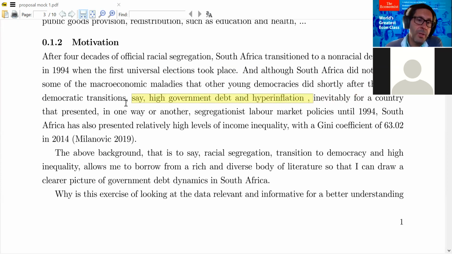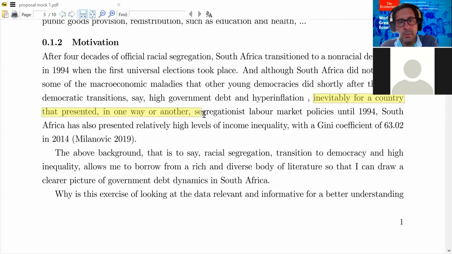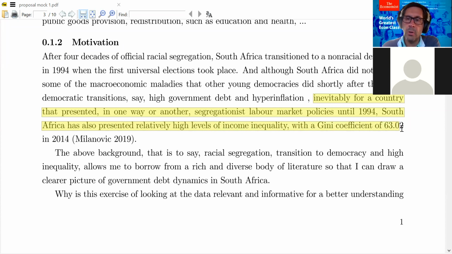Inevitably, for a country that presented in one way or another segregationist labor market policies until 1994, South Africa has also presented relatively high levels of income inequality with a Gini coefficient of 63.02, right?